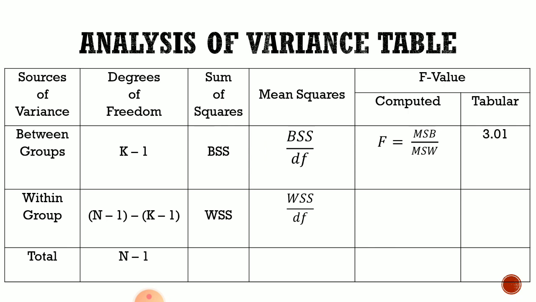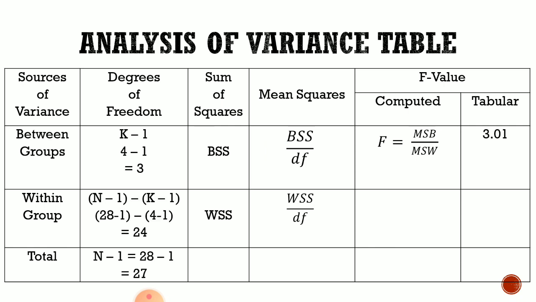So let us first fill in the degrees of freedom. So for the between groups, that is k minus 1, which is 4 minus 1, is equal to 3. Then for the within group, that is the quantity n minus 1 minus the quantity k minus 1, that is equal to the quantity 28 minus 1 minus the quantity 4 minus 1, which is equal to 24.